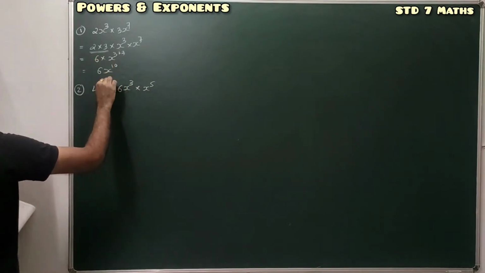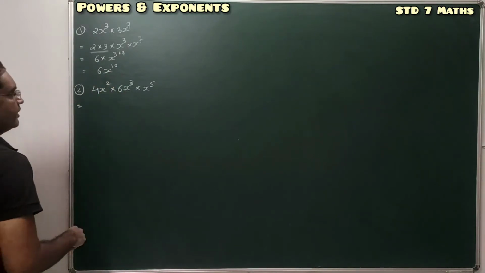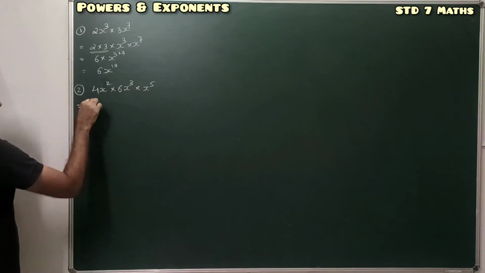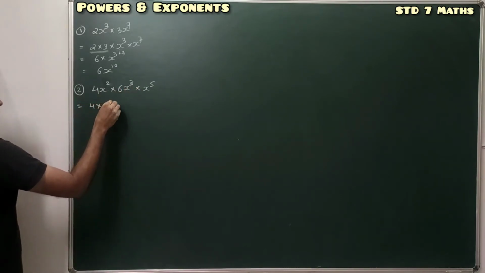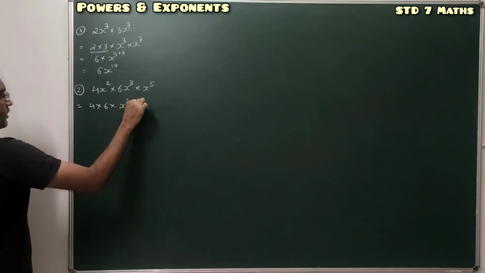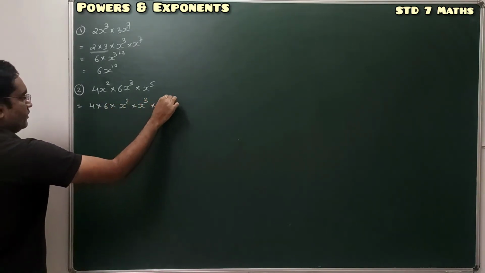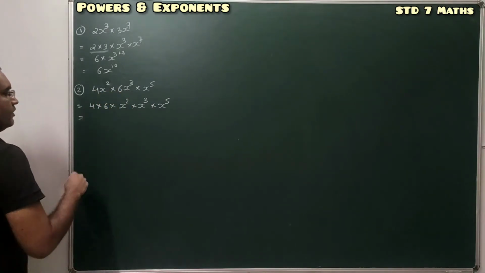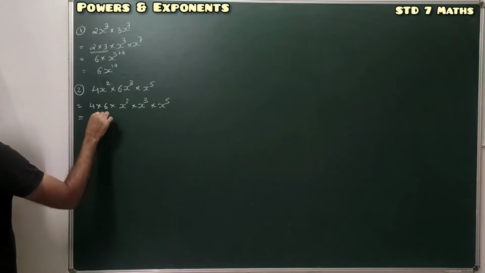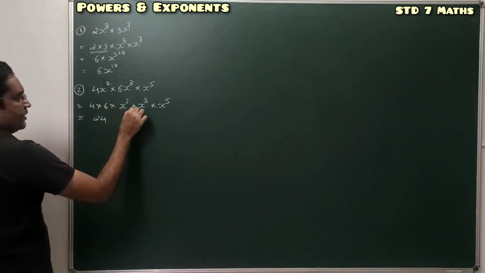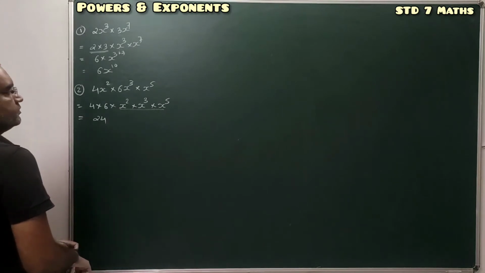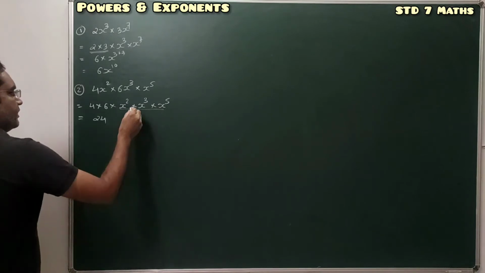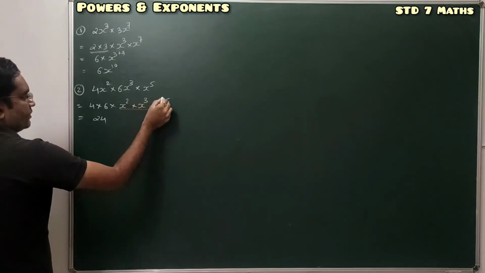Here it's 4 into x square into 6 into x cube into x raised to 5, so we can multiply 4 into 6 into x square into x cube into x raised to 5. 4 6s are 24 for the constants, and for the multiplication of the powers, the law is: if the powers have the same base and they are in multiplication, we can perform addition of the powers.